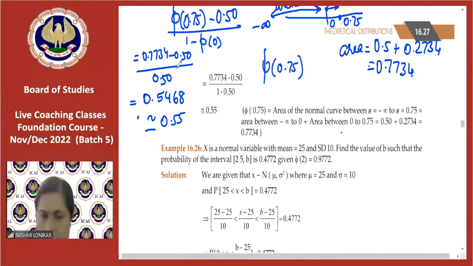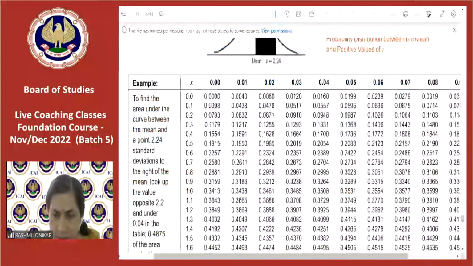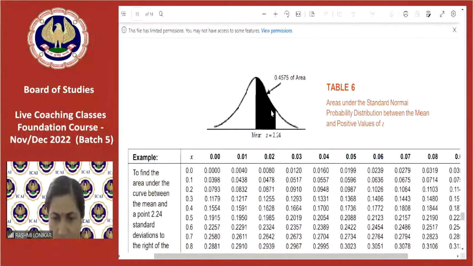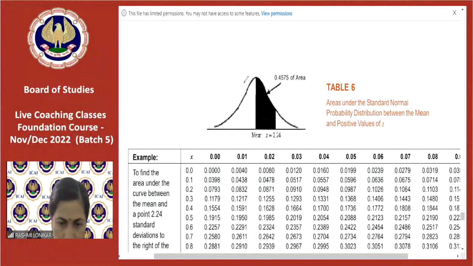Is that clear now, how you have to use the normal table? Whenever you are dealing with positive numbers, remember this is my 0, here I have negative numbers and here it is positive.